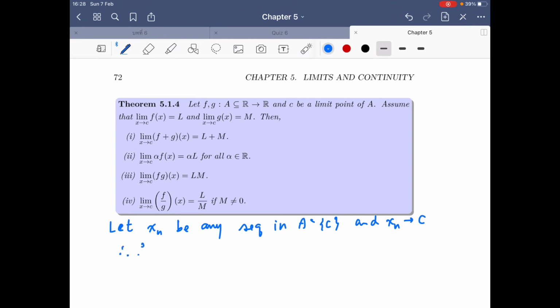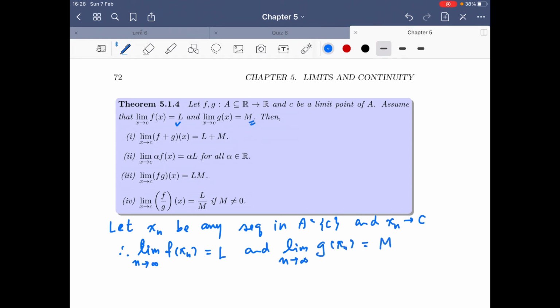Then of course the limit as n goes to infinity of f of xn will be L, and the limit of g of xn will be m.